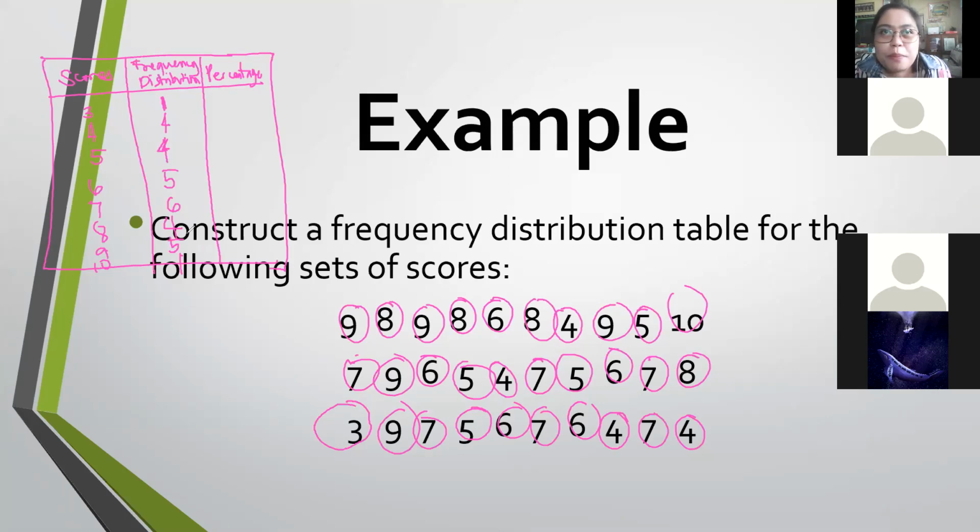Or if we group our respondents according to civil status, we will be grouping like single, married, widowed, and so on. And then we will just count kung pila ka buok sa ilaha ang katong sa under sa mga categories.